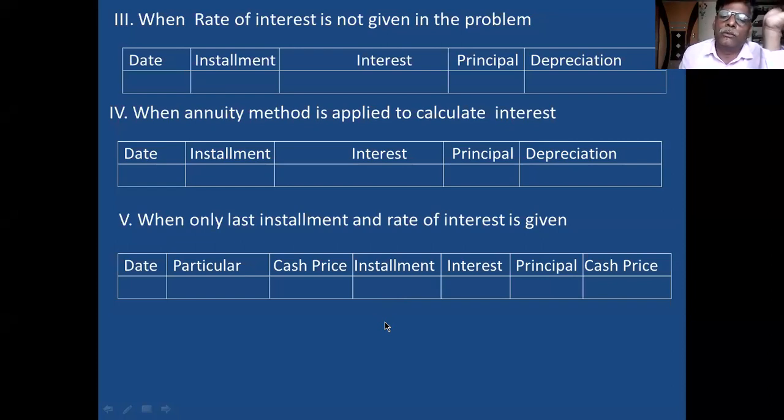And now your time is up, and I conclude here only. In the next class, I will take some examples on calculation of interest. These tables I use and calculate interest and make you people perfect in calculation of interest.